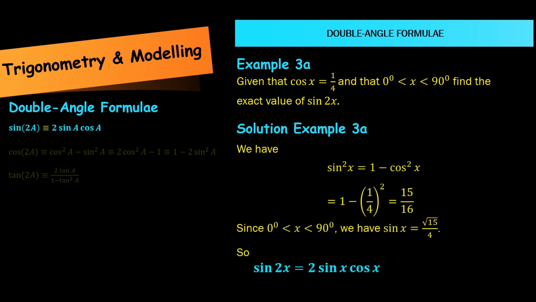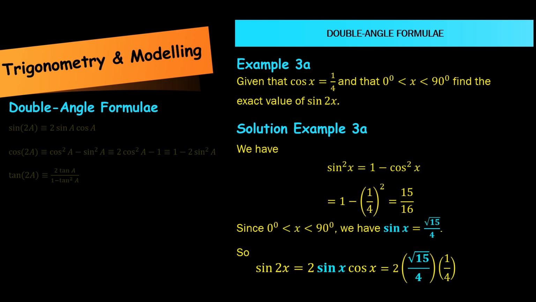And therefore, using the double angle formula for sine, which is sin 2x equals 2 sin x cos x, and replacing sin x by root 15 over 4 and cos x by 1 over 4, we obtain that sin 2x equals root 15 over 8.